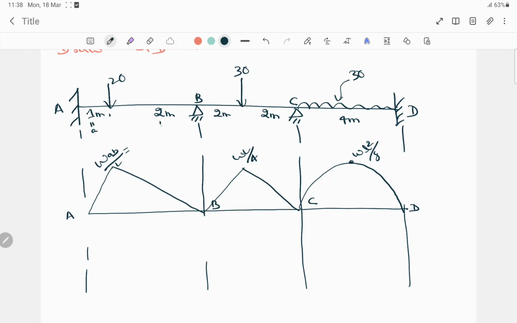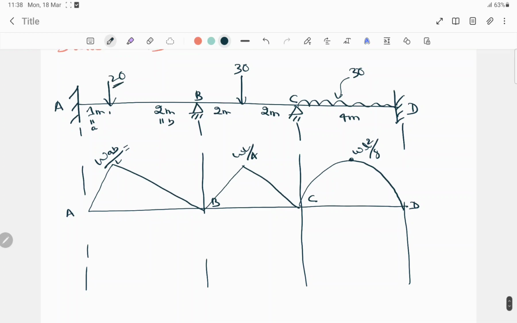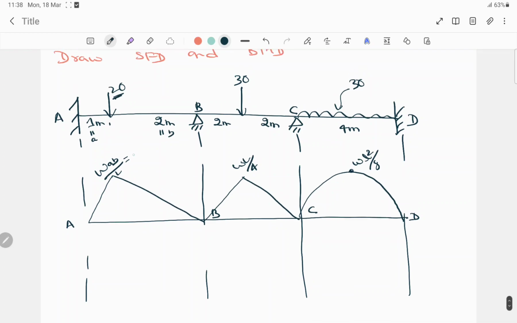It is considered A, it is considered B, and W is nothing but 20, L is the total span. So we'll get the value here 13.33, and here also we just need to put the values and we'll get the answer around 30. Here also same, we just need to put the values. W is nothing but 30 into L is the 4 whole square by 8, so we'll get the answer around 60. That is the BMD for this beam.